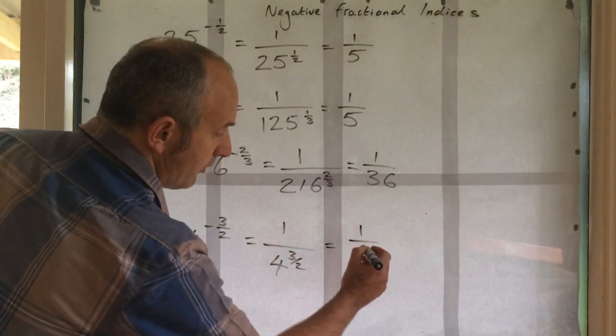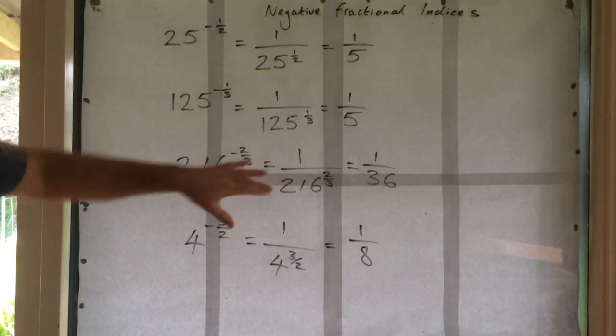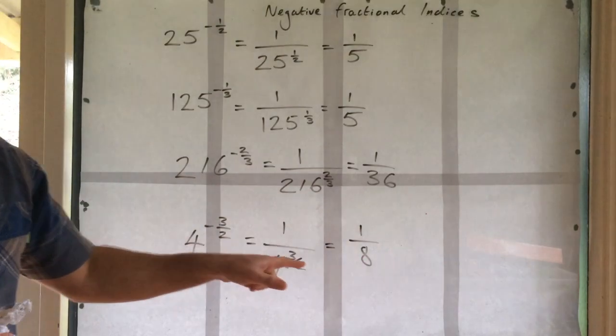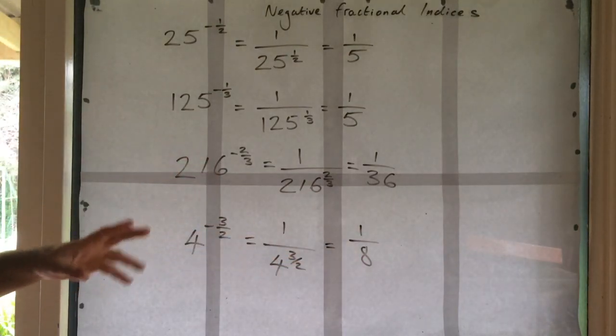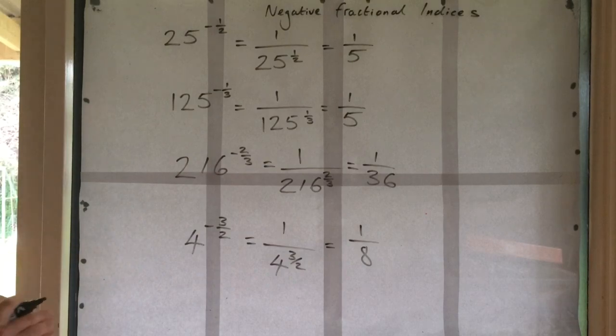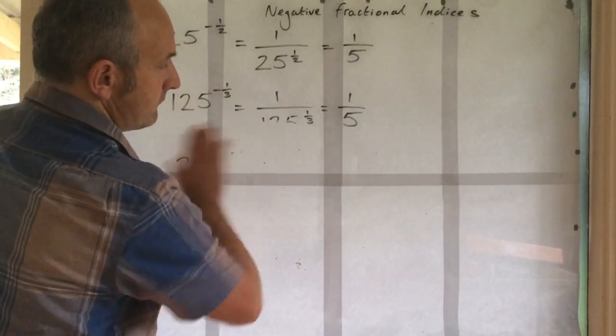So we end up with 1 over 8. Remember, at no time have I started making my bases negative. We're only talking about the indices being negative. So let's not get carried away with that.